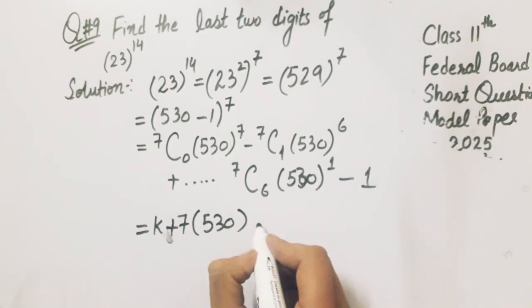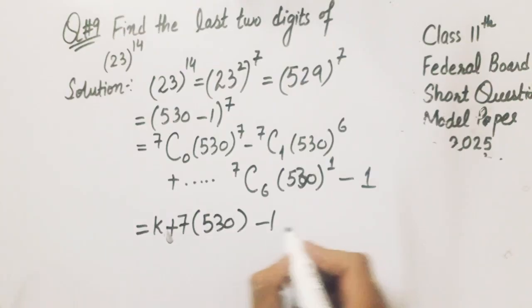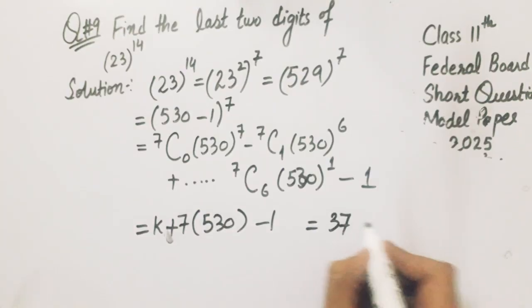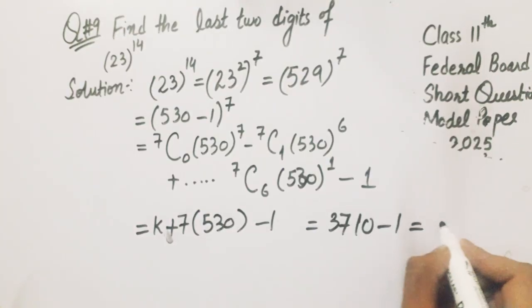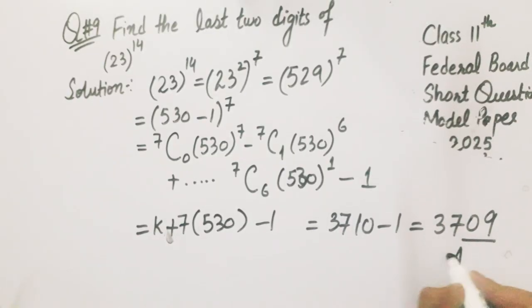So 530 multiplied by 7 is 3710, minus 1, which is equal to 3709. So the last two digits will be 09, and this is the answer.